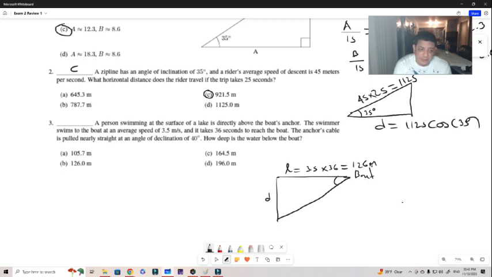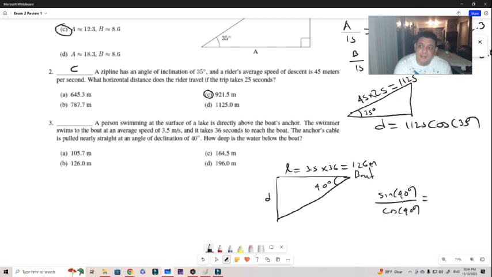Now, I know that the anchor cable is being pulled nearly straight at an angle of declination of 40 degrees. So this angle here is 40 degrees. And we want to know how deep is the water below here at the anchor. So because this is the opposite to the angle, then we can use a ratio of the sine of 40 over the cosine of 40, which is the tangent.